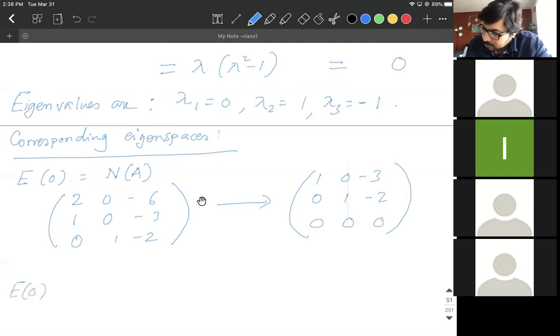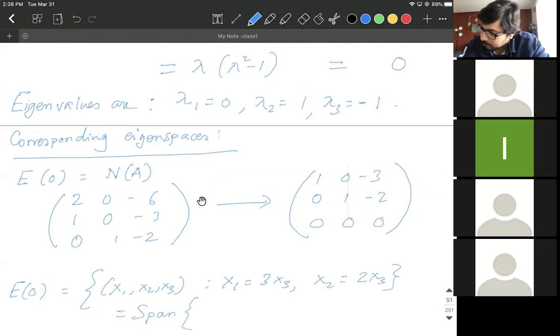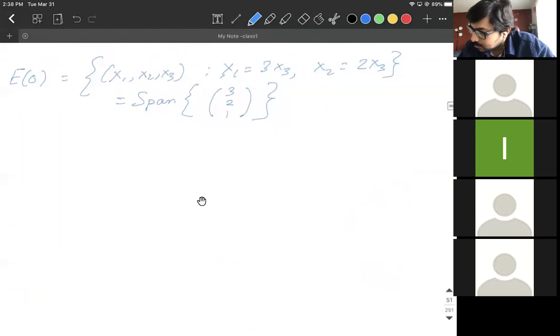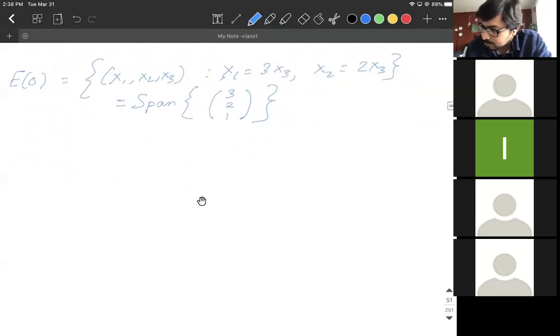E0 is given by the following vectors. x1 has to be 3x3 and x2 has to be 2x3. So this is the span of the following vector, 3, 2, and 1. So you replace x1 by 3x3 and x2 by 2x3. So you get this vector which generates the null space of A. Okay, so this is the null space of A now, or rather the eigenspace for 0.